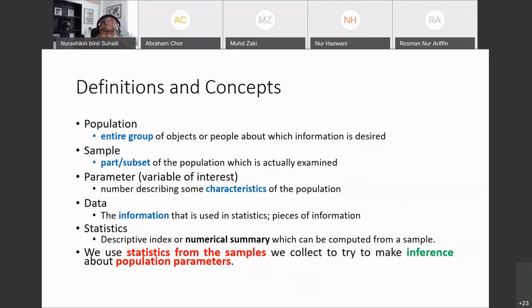We use statistics from the samples we collect to try to make inference about population parameters. So I mentioned just now, when we collect samples from UNIMAS, I want to study the number of hours spent by students from different faculties, which are actually the samples, and UNIMAS is the population. At the end, I want to conclude on behalf of the population.